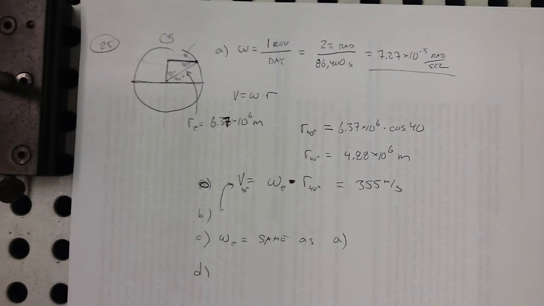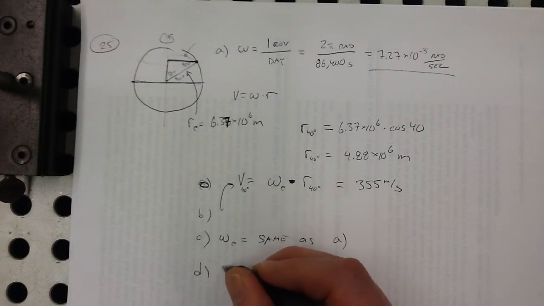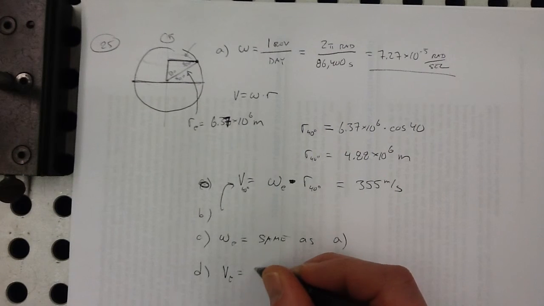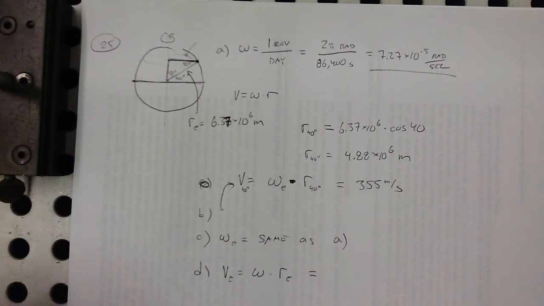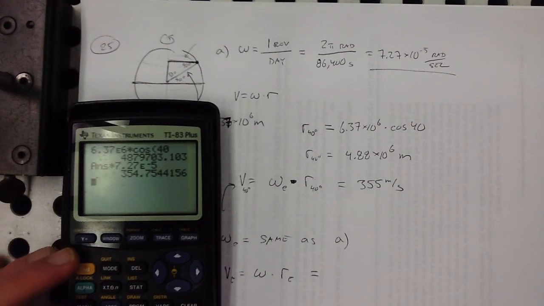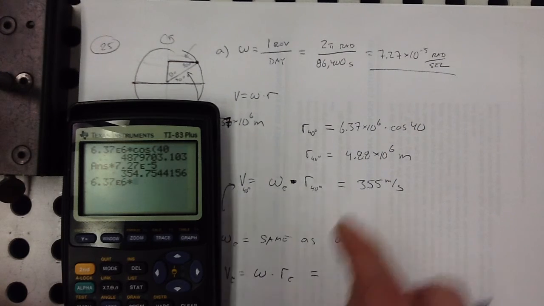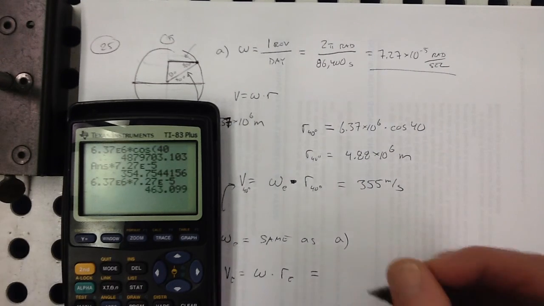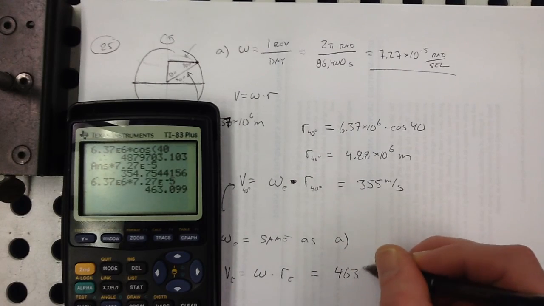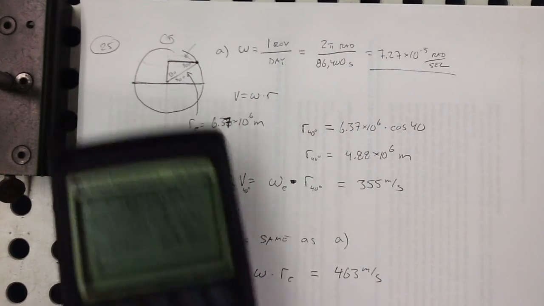And part D, the v at the equator is just omega times the radius of the whole Earth, because that's the radius of your circle at the equator, which is 6.37 times 10 to the sixth times 7.27 times 10 to the negative 5. And that's about 463 meters per second. And that is the end of that assignment.